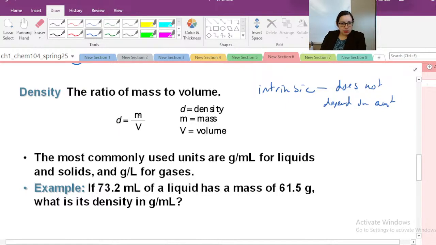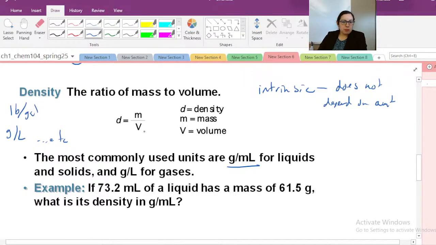Maybe you practice this in lab today, and it's just a ratio of mass over volume. Commonly we see grams per milliliter because we're working on our scale with grams. But of course, we could think of any other, like pounds per gallon, or grams per liter, etc. It's just a ratio.